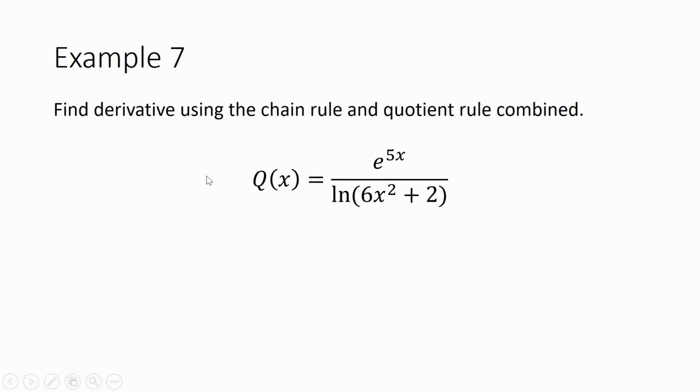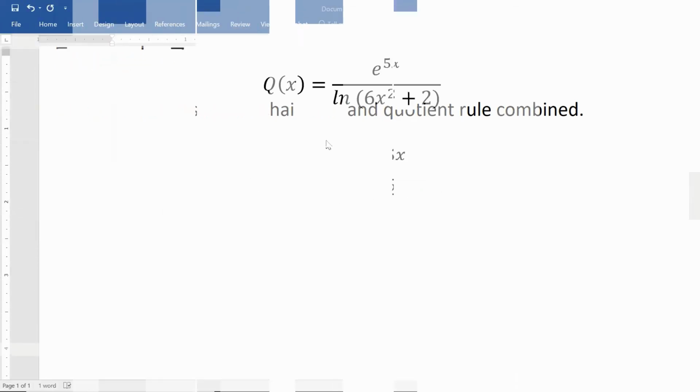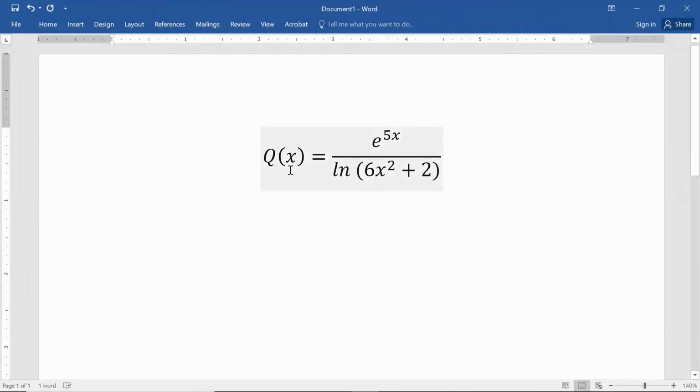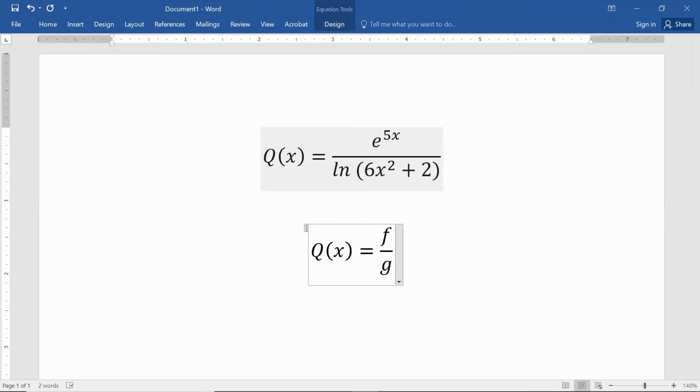Let's take another example. Let's take q of x equal to e to the 5x divided by natural log of 6x squared plus 2. And let's use the chain rule along with the quotient rule in order to find the derivative of q of x. All right, so I have my q of x, and I'm thinking of it in terms of a chain rule and a quotient rule combined. That means I want to think of the numerator as f, the denominator as g.